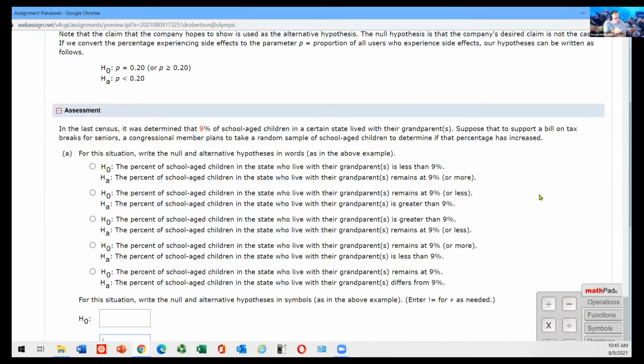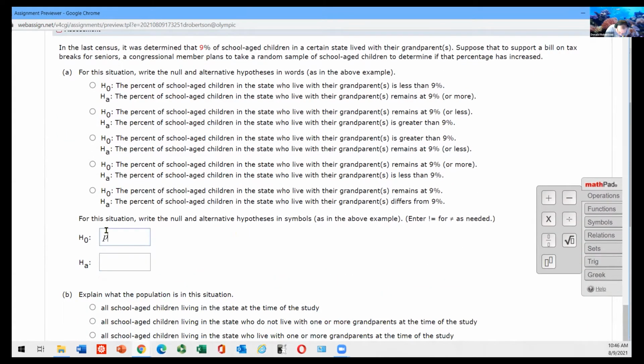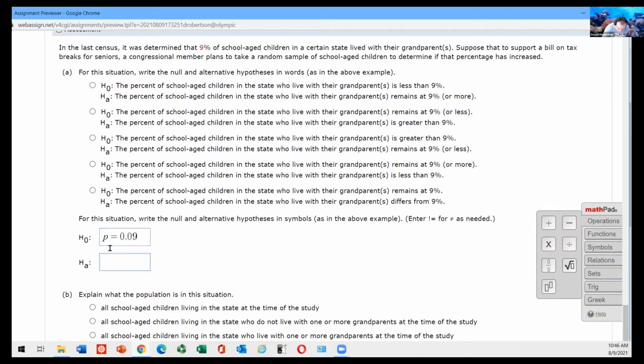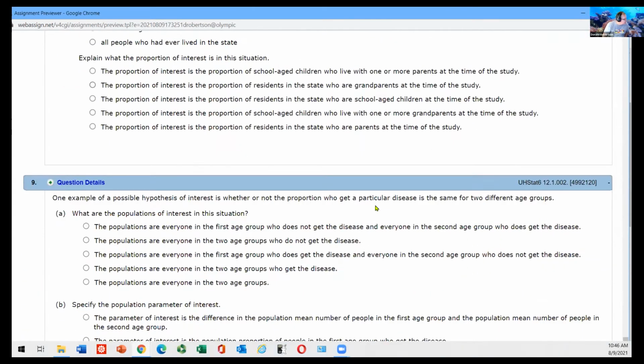Well, I don't know why they brought in the tax plan, but it doesn't matter. He wants to see, has it increased? That was the part that makes sense to me. So the null hypothesis is that it is 9%. And we want to find out, has it increased? And evidently, they might change the taxes accordingly.